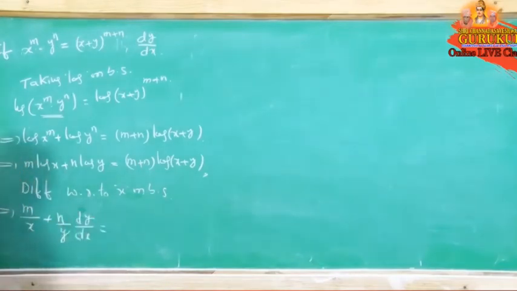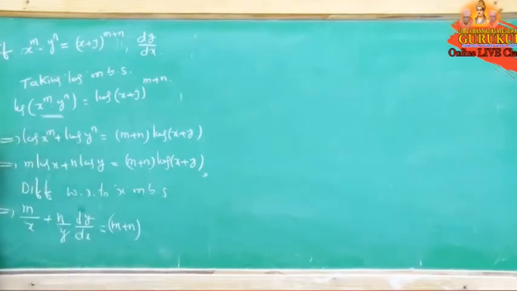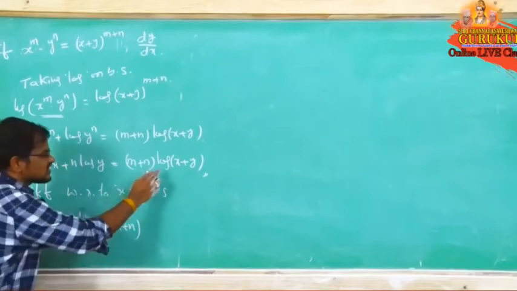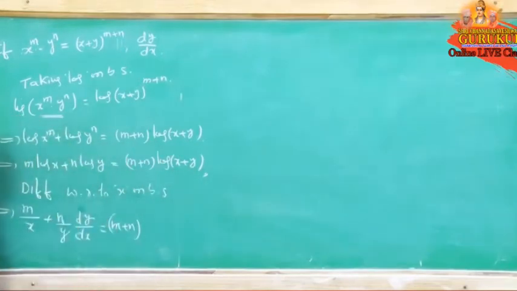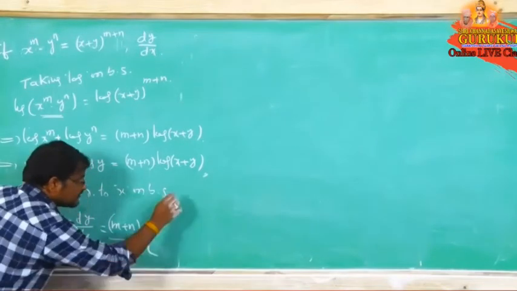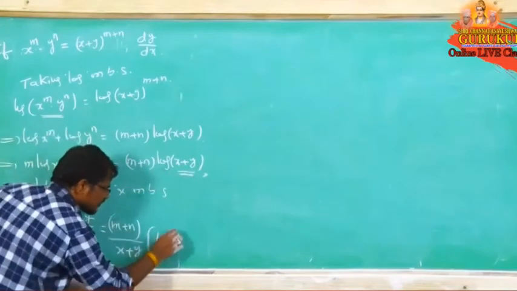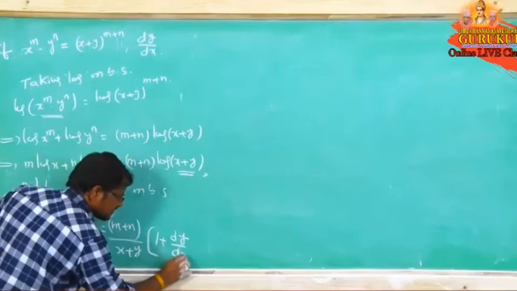On the right side, carefully do this. m plus n is constant, as it is I am writing. Differentiation of log of x plus y is what? 1 by x plus y. But again we have to differentiate x plus y. Differentiation of x plus y is 1 plus dy by dx.